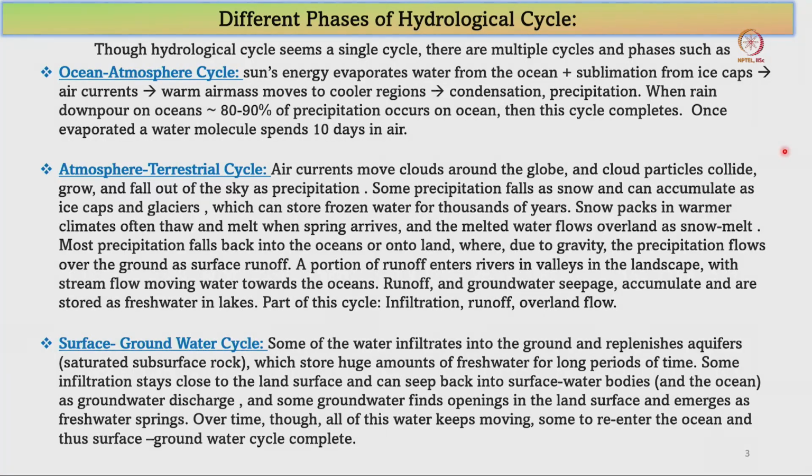Moving into another sub cycle, that is the surface water and groundwater cycle. Some of the water that infiltrates into the ground replenishes the aquifers, and some water is stored in the aquifer system. If it is deep groundwater, it can get stored for a very long time.